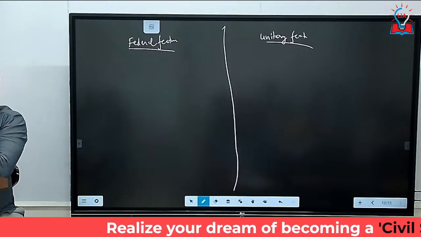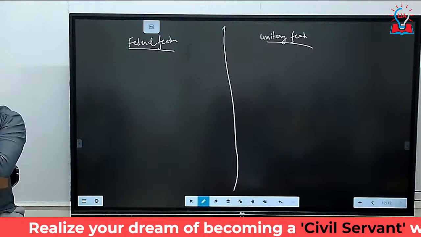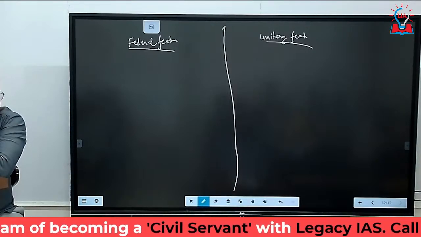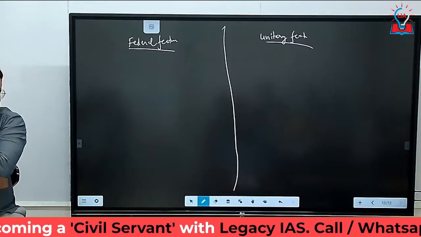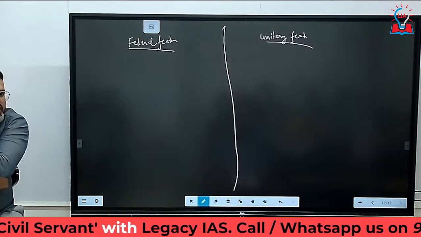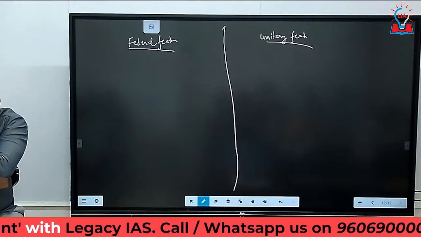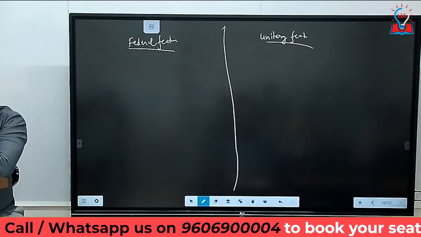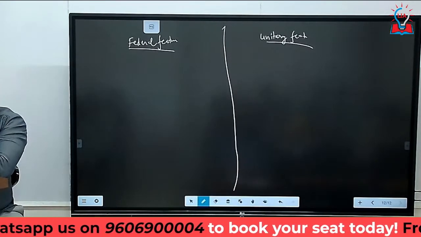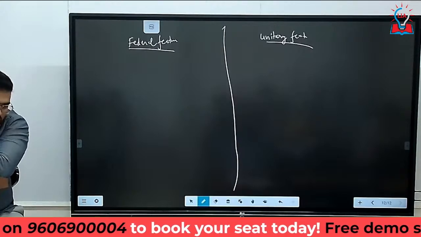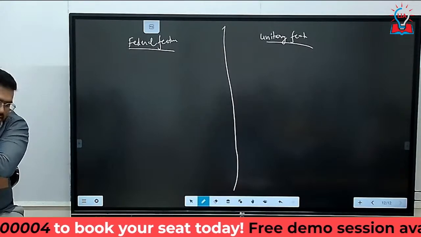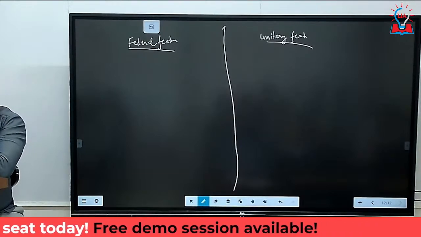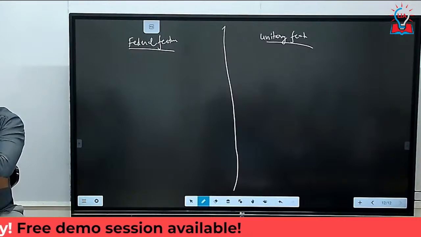So this will come under unitary, because single citizenship is completely under the control of the federal government only. See, who will decide your citizenship? Karnataka government or central government? If it is under the control of the central government, then will it be federal or unitary? Unitary, because it is under the control of the federal government. In federal comes where the state government either has some control or some interest. But in citizenship, the state government has no interest, no control. So single citizenship will fall under unitary feature.